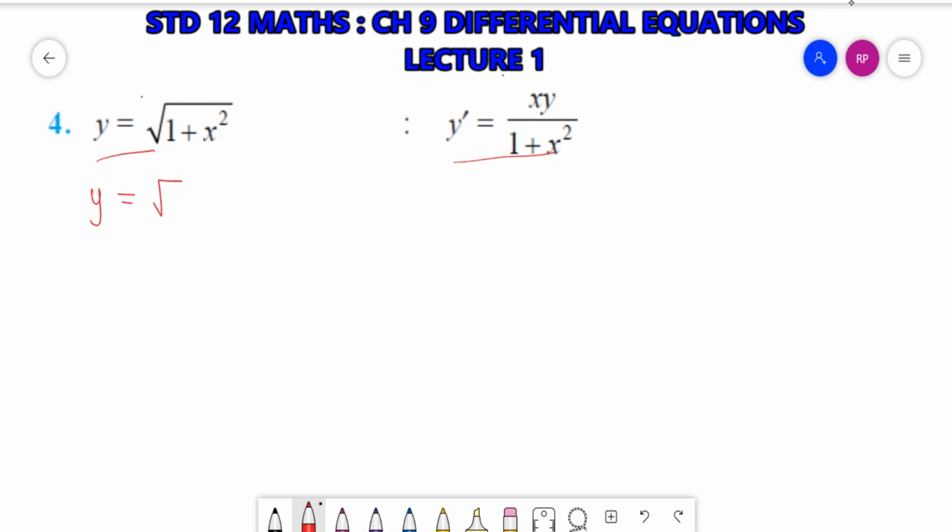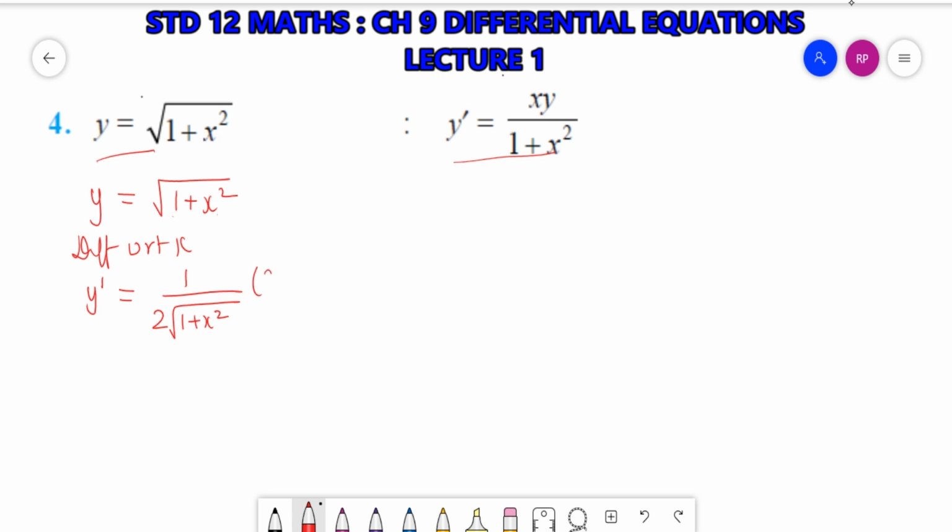Let's differentiate directly with respect to x. The derivative of y is y dash, the derivative of root x is 1 by 2 root x, so it will be 1 upon 2 root of 1 plus x square into d by dx of 1 plus x square.